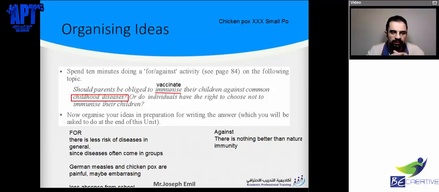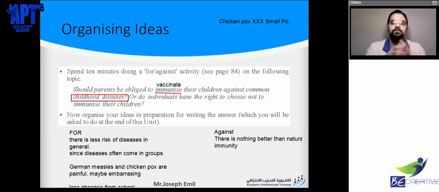Okay, of course, if you link your sentences well, and if you do your best to convince the reader of your point of view, you will gain marks, regardless of whether your points of view are right or wrong. Okay?